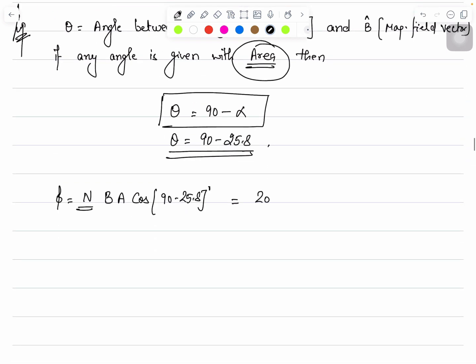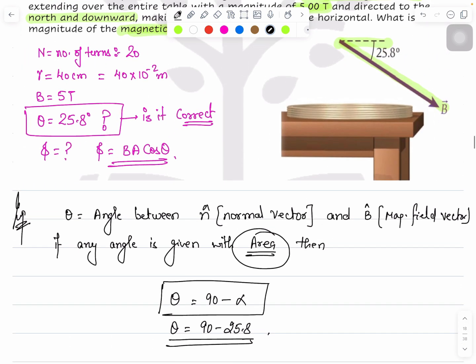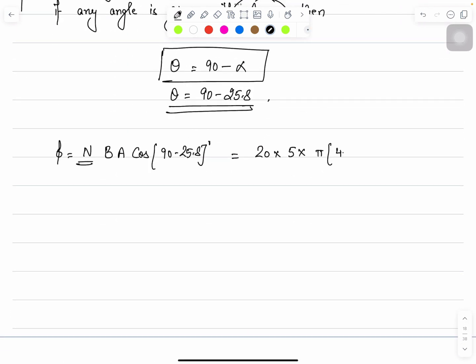So just 20 multiplied by 5 multiplied by the area, pi r square, where r is 40, so pi times (40 times 10 raised to negative 2) whole square, and cos of (90 minus 25.8) degree. Once you solve this, you will get 26.77. This is the value of flux.